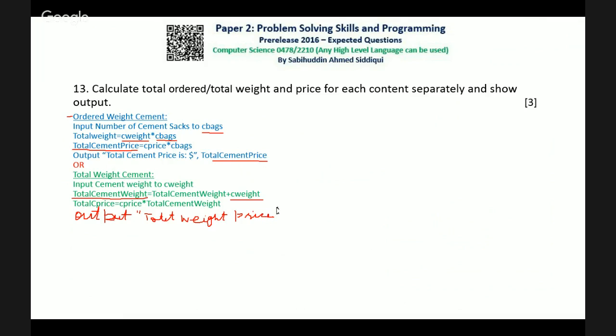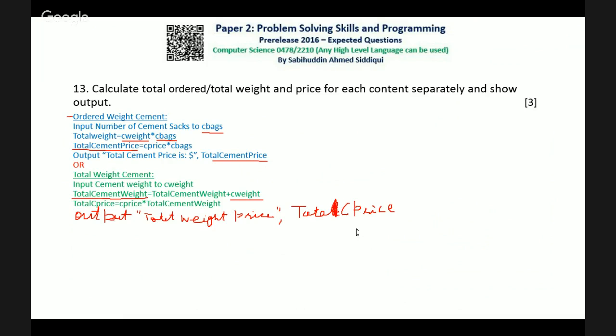Total weight price you will use this way. Now here you have used total C price, total C price. Now you will see that this will be output with the total weight you have sold.